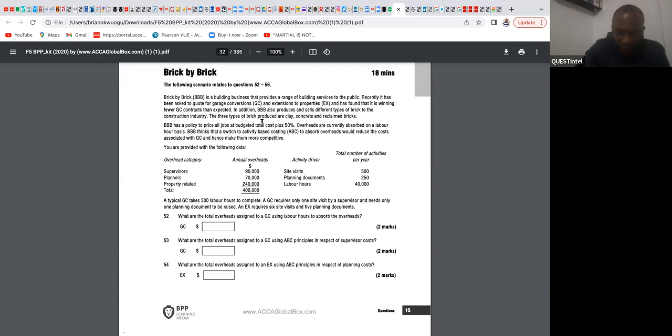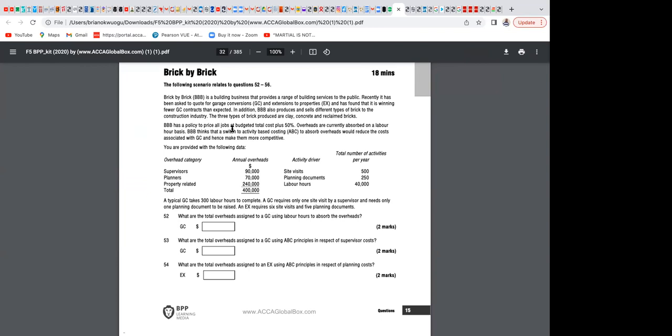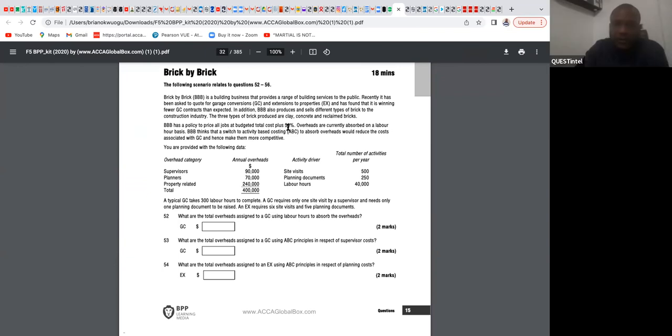The three types of brick produced are clay, concrete, and reclaimed bricks. BBB has a policy to price all jobs at budgeted cost plus 50%. So that's cost plus markup. Overheads are currently absorbed on a labor hour basis.